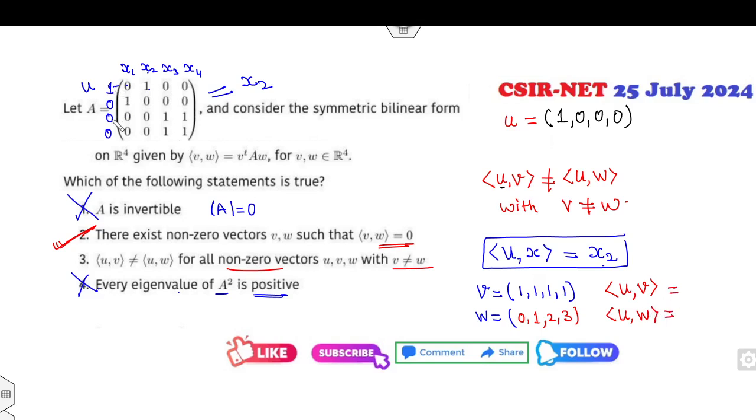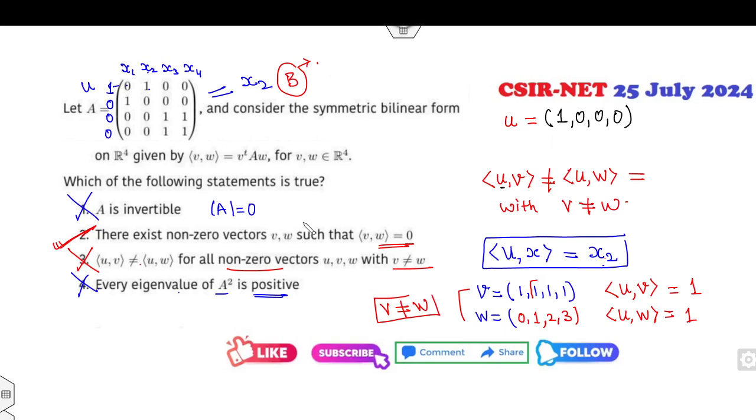Now since u is this and v is 1, 1, 1, the element is only the second element. That is 1. This element is also 1. So both are equal. Clearly v is not equal to w, but the inner products are equal. But the option said not equal. So this option is cancelled. The only right option is B.